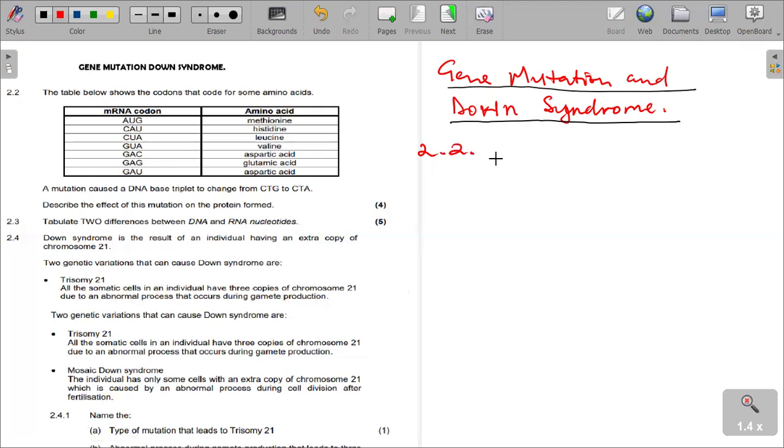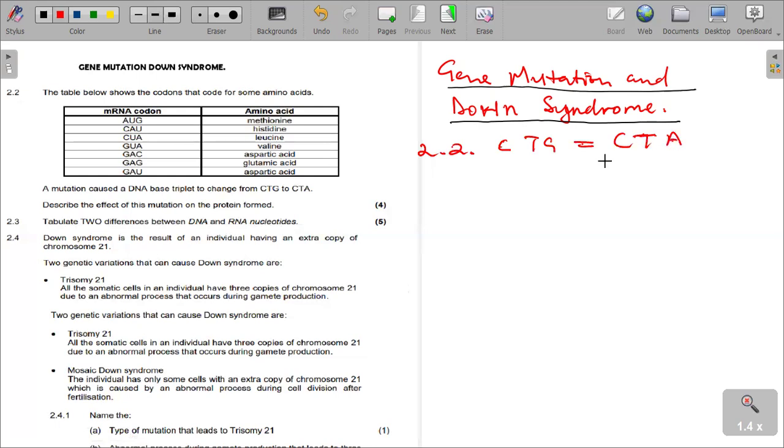We are saying our DNA-based triplet changed from CTG to CTA.